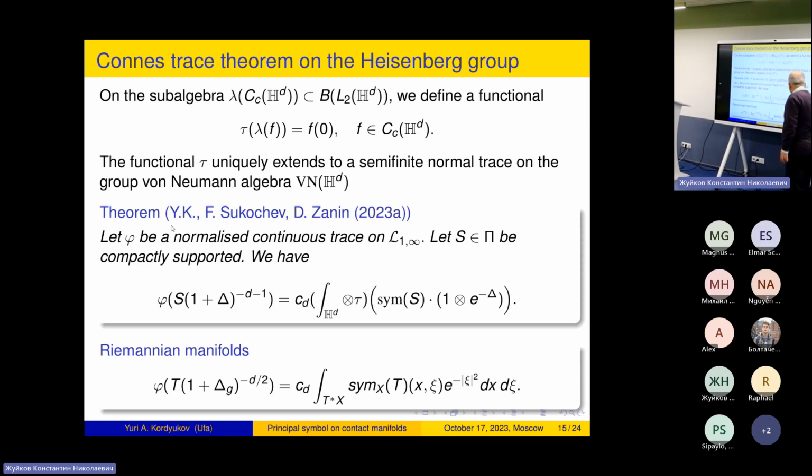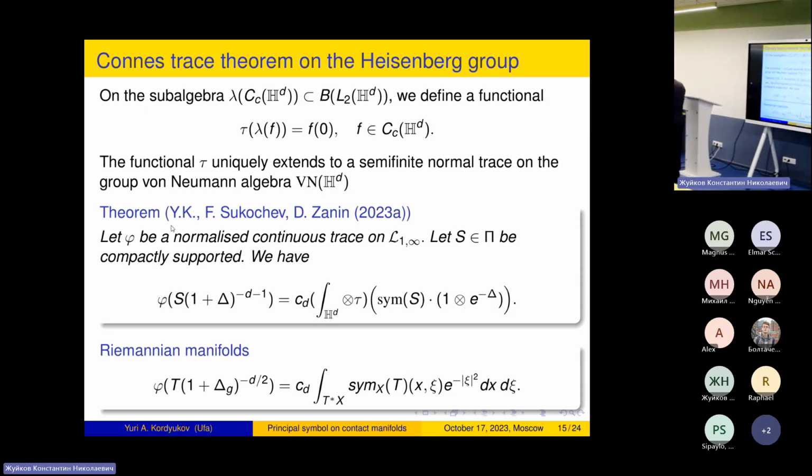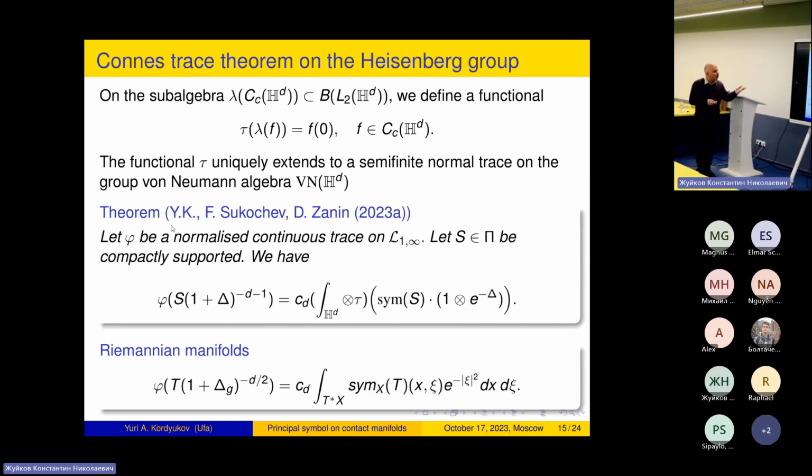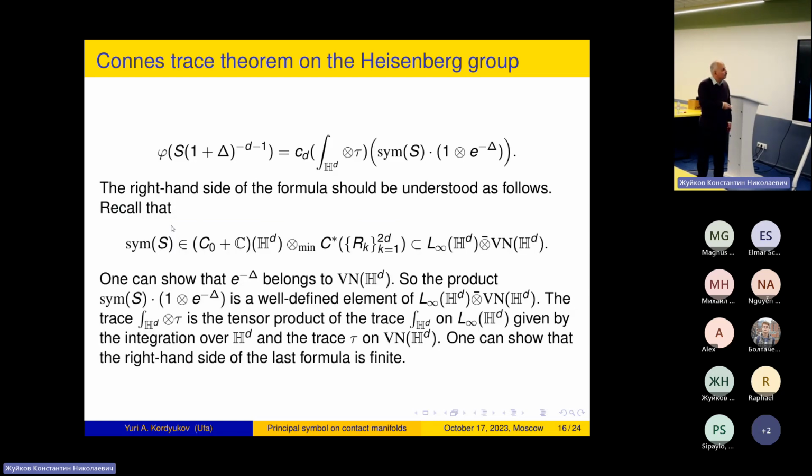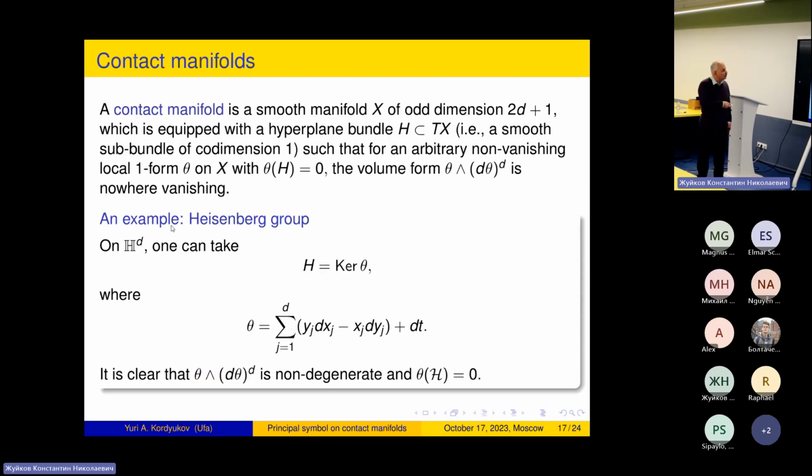And another point, instead of this canonical weight, which was just this Gaussian exponent, here I have this non-commutative exponent. But you see the formula looks quite similar if we use these notions of non-commutative analysis. And yes, I already explained here.